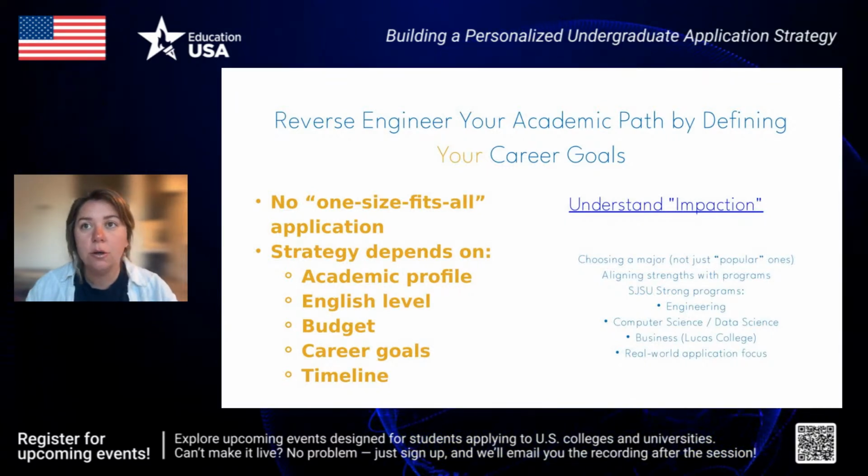For example, computer science is impacted at our school. That also means that instead of just the 3.0 GPA requirement, you really should be having a 3.8 or 3.9 if you want to be competitive.